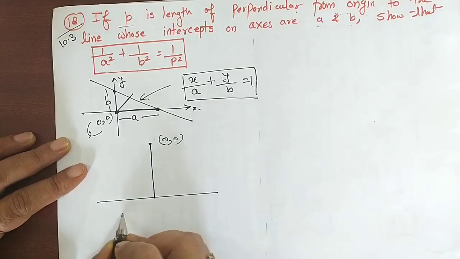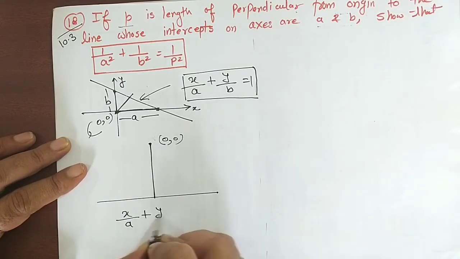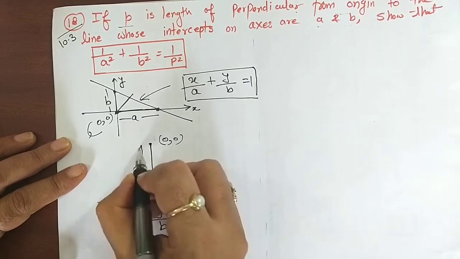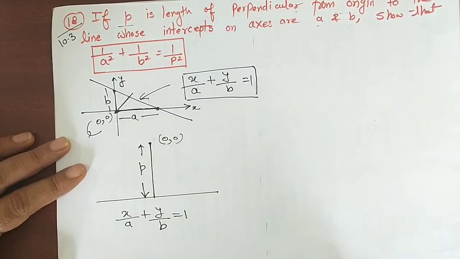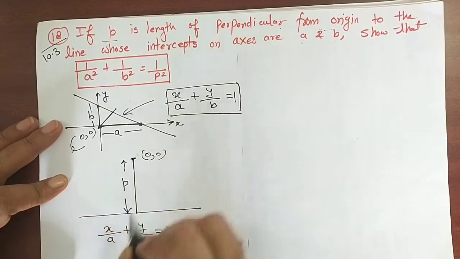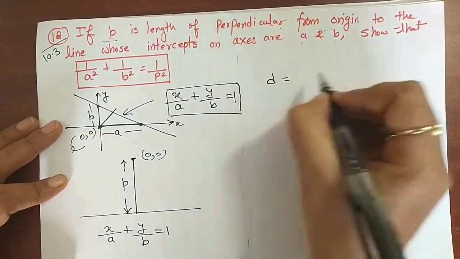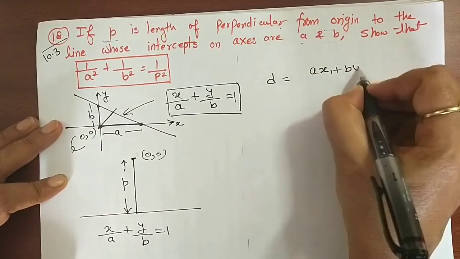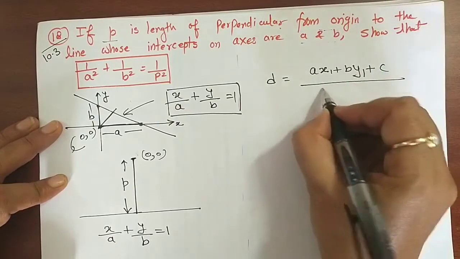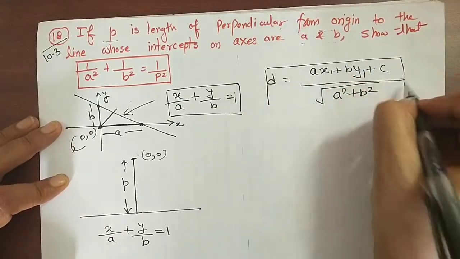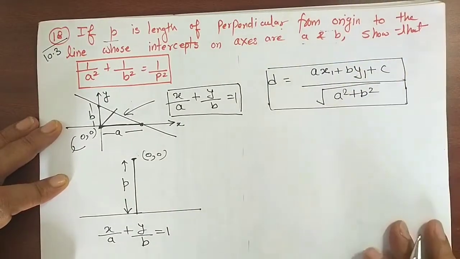So this is your equation of line, X by A plus Y by B is 1. And this perpendicular they are saying is P. Okay, for perpendicular we all know this perpendicular formula D is AX1 plus BY1 plus C by root of A square plus B square. Correct? We can apply that directly.